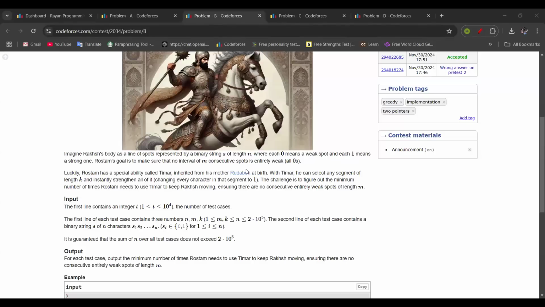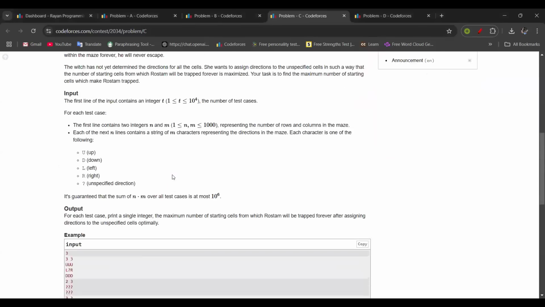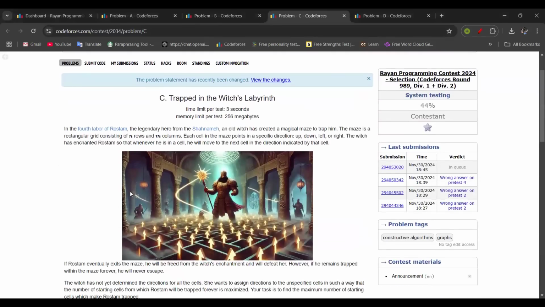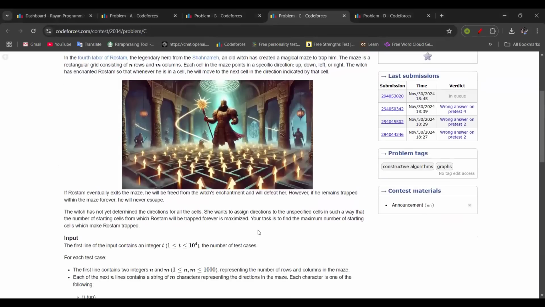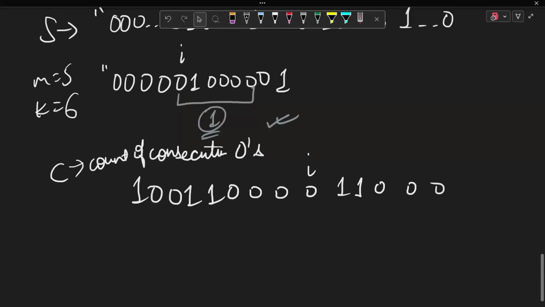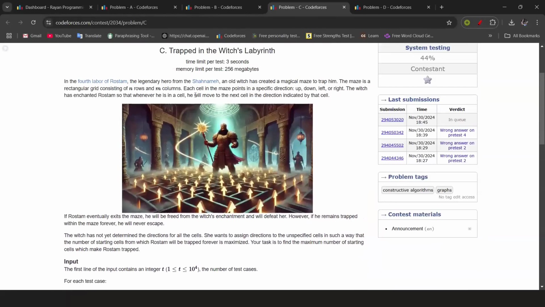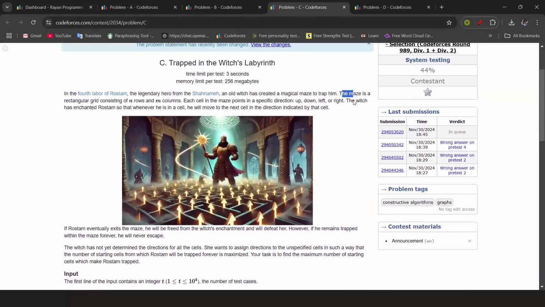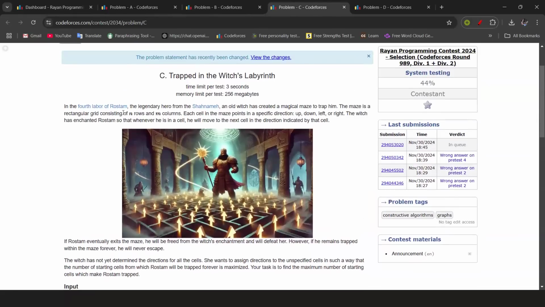We'll move to the next problem, C. So here we are given that the maze is a rectangular grid of size n cross m.